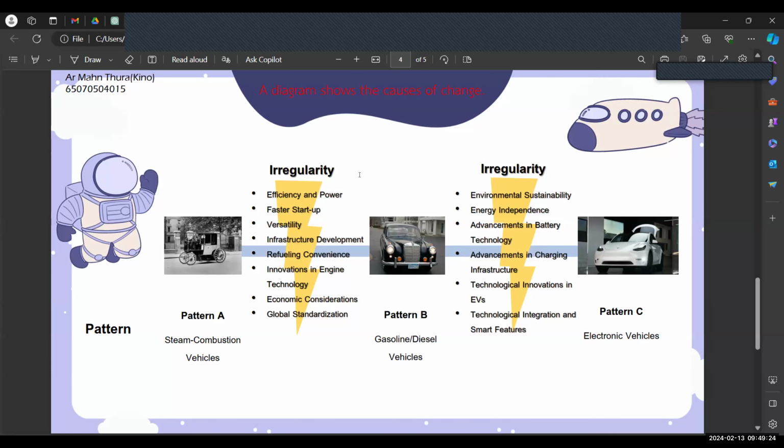And other technologies like battery technology and charging infrastructure are becoming more and more advanced. So these are the factors that change pattern B to C. So that's it for my presentation.